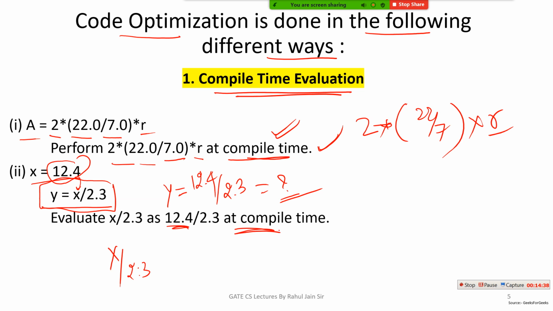So it is called compile time evaluation. Means when you compile your code, with F9 being compile, at the compile time itself it will get evaluated, right? So it is the first kind of optimization. There isn't any existence of this in the GATE syllabus, but just for knowledge purposes, whatever calculation is there will be done directly at compile time.